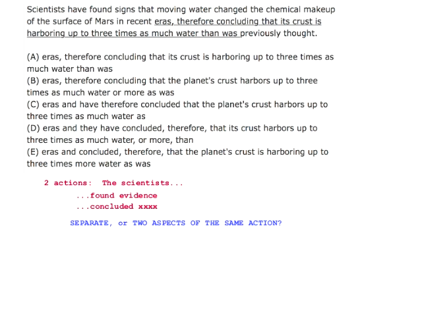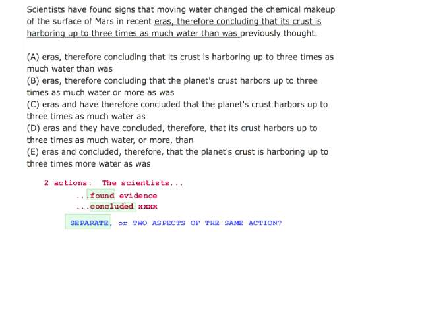The scientists collected the evidence, and then after thinking about that evidence for a while, they concluded something later. So these are not the same thing. It's not like I dropped the bags onto the floor, scaring the dogs. So, separate.